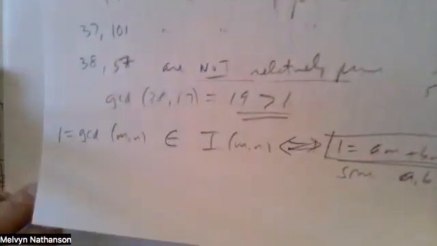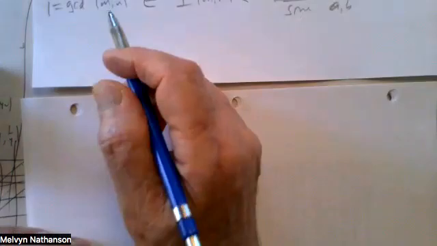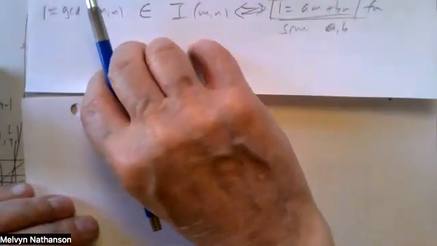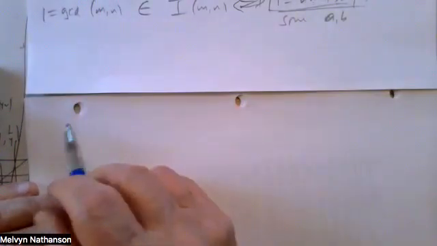And you can actually use the Euclidean algorithm to find an expression of this sort. So let me look at this example I had a moment ago of 37 and 101. Let's use the Euclidean algorithm to compute their greatest common divisor.